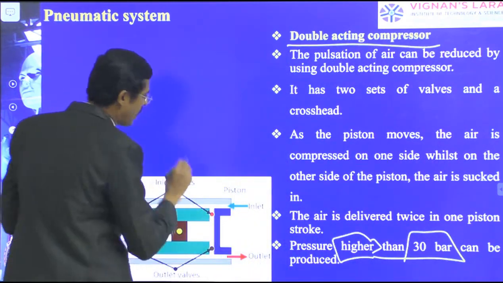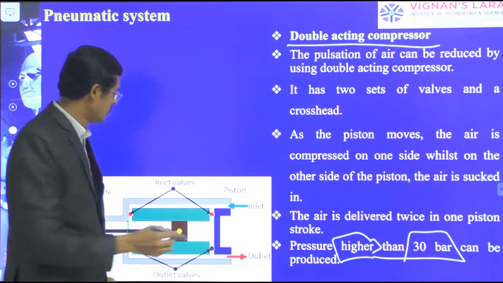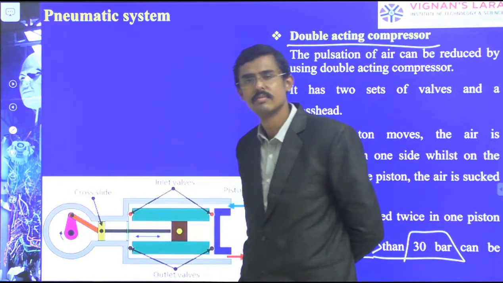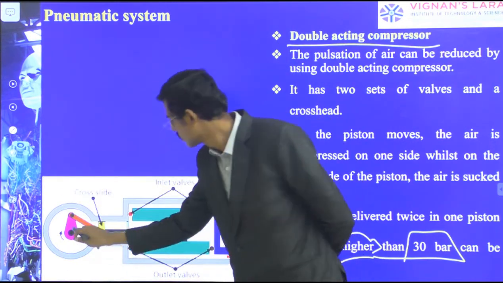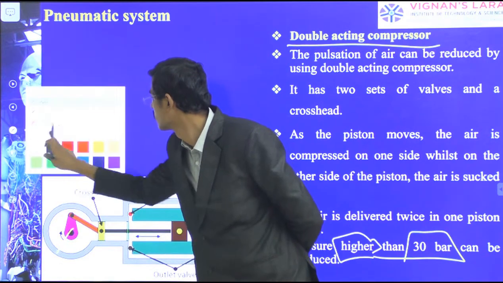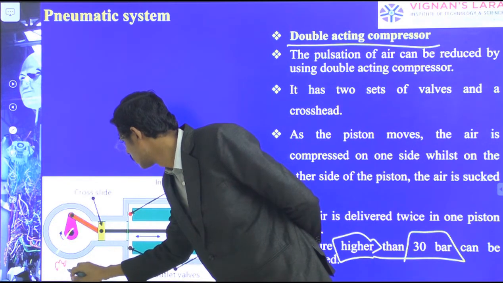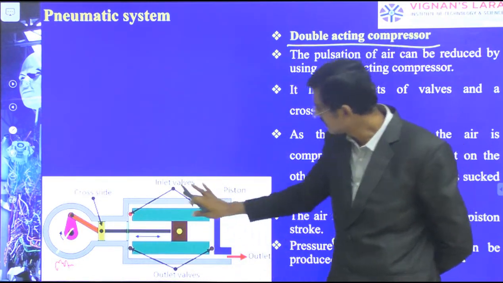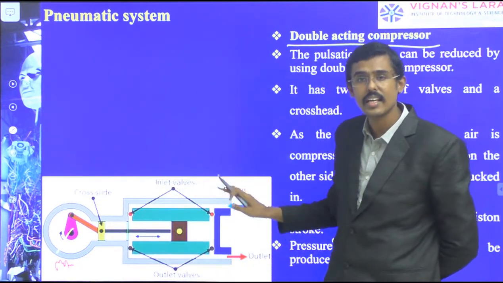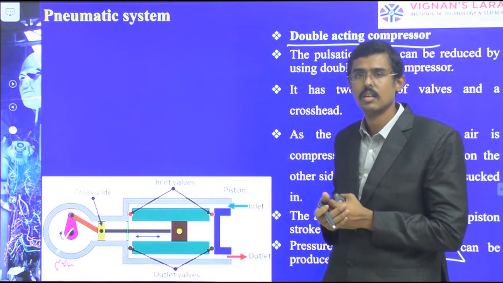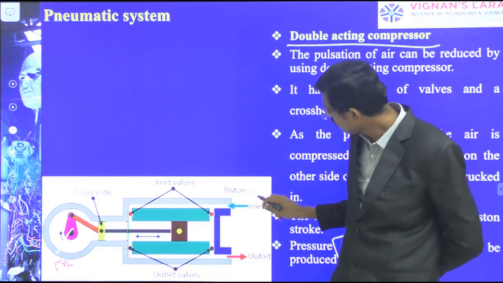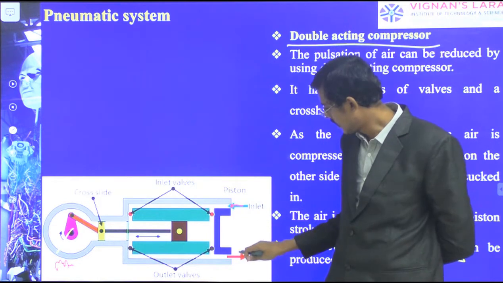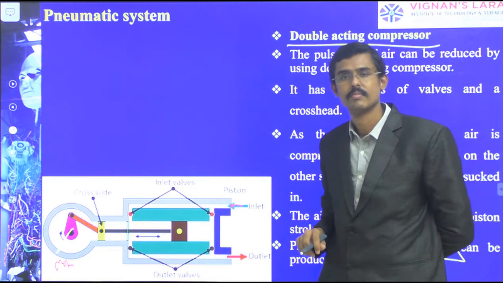Therefore, see this setup, as usual the crankshaft is driven by the motor, and we have the crank connected to the piston, and this piston cylinder has some arrangements in such a way that here we have the inlet, and here I have the outlet.